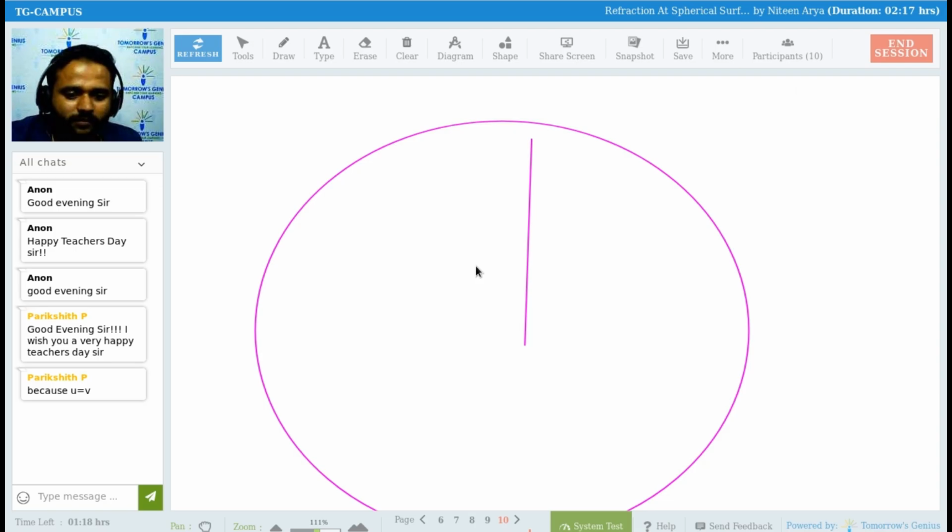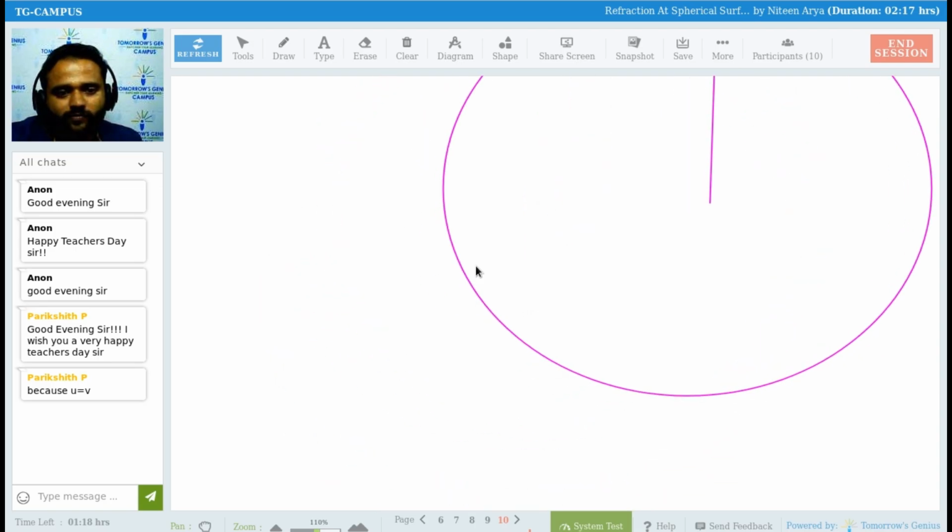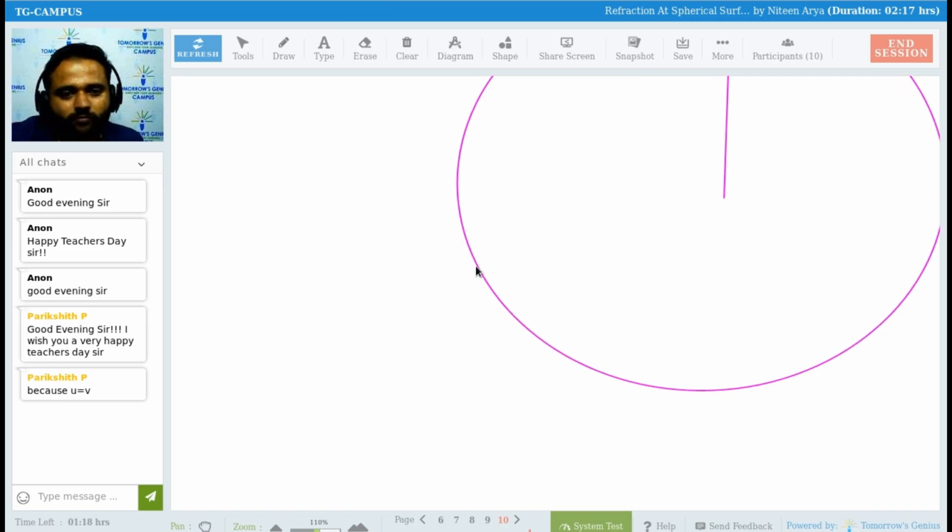Okay. What I am drawing here, now you can see: this small section is taken as a plane, isn't it? Clear, what I am saying?